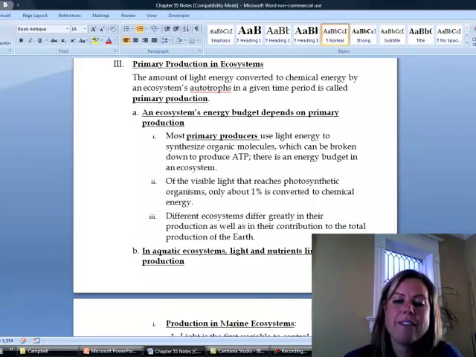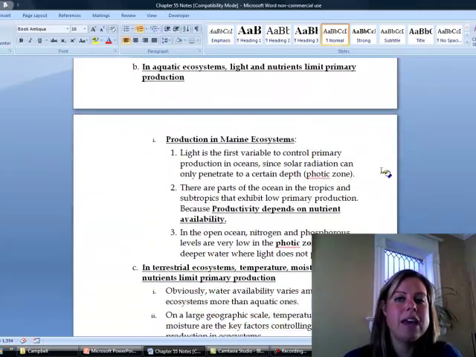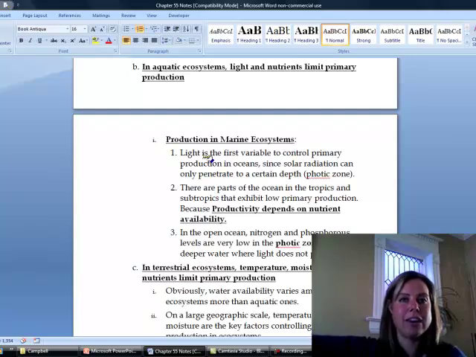There are obviously going to be limits on the amount of primary production that can happen. In an aquatic ecosystem, what limits primary production is two things: light and nutrients. There's a certain depth that light can no longer get below. Remember we talked about the photic zone. Once light is not there anymore, there's no photosynthesis going on.